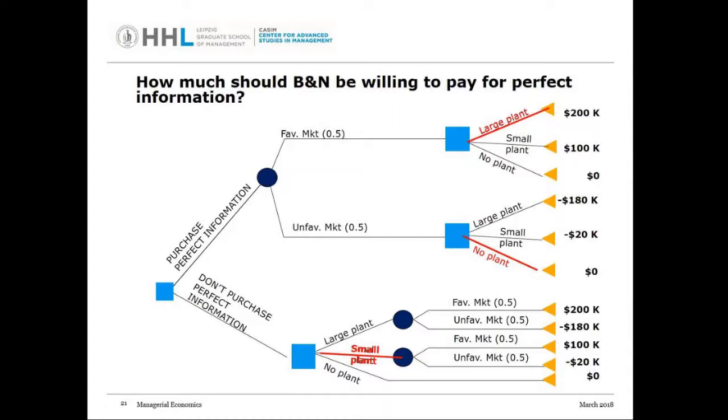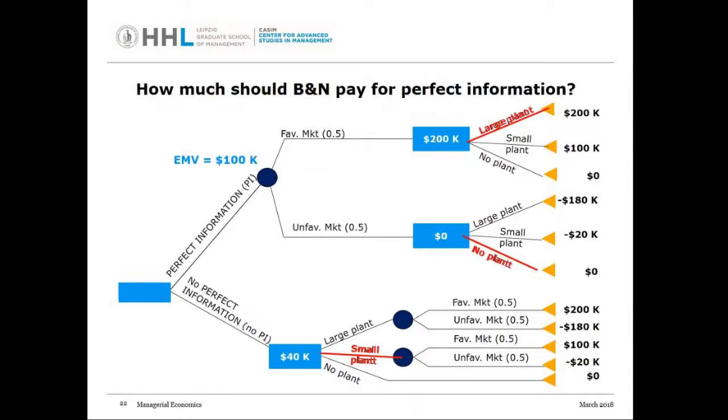Now we have the two alternatives, so we know what the expected value of the decision is, and we go backwards. We look at the uncertainty coming from the market, whether favorable or unfavorable, and see that the expected monetary value with perfect information, which is the value of 200K and 0 with equal probability, is $100,000.